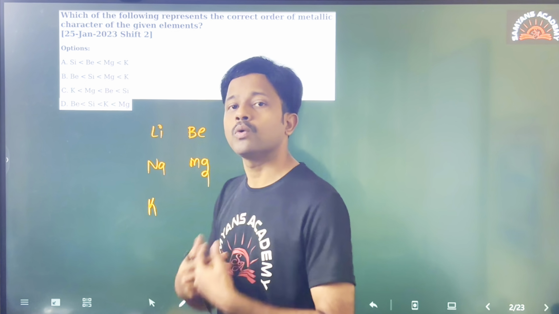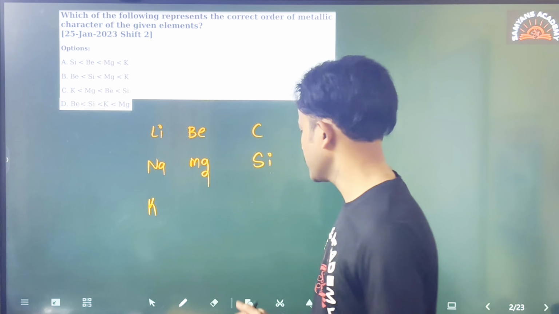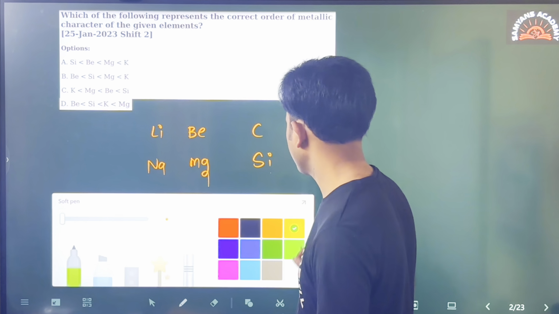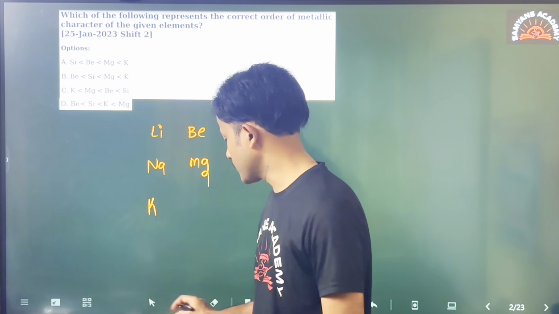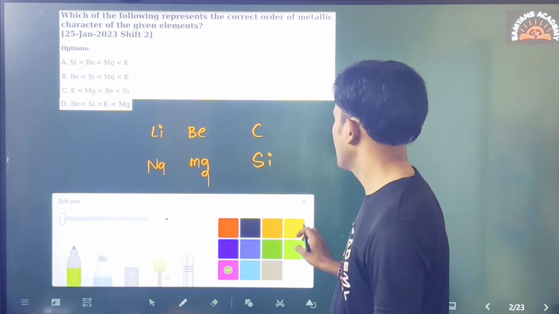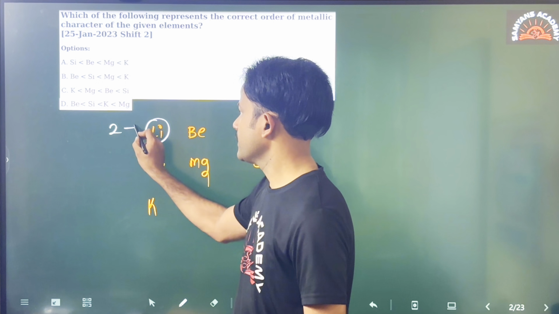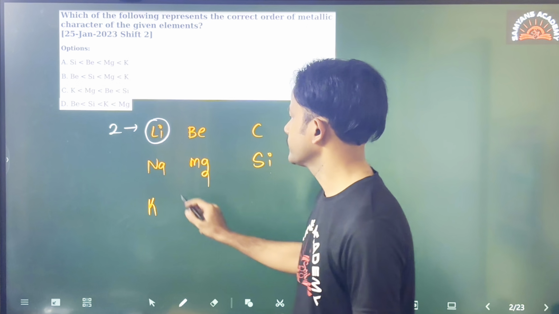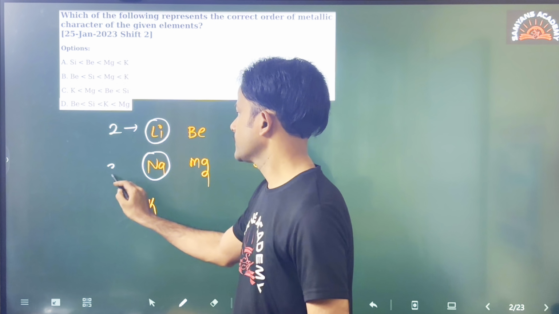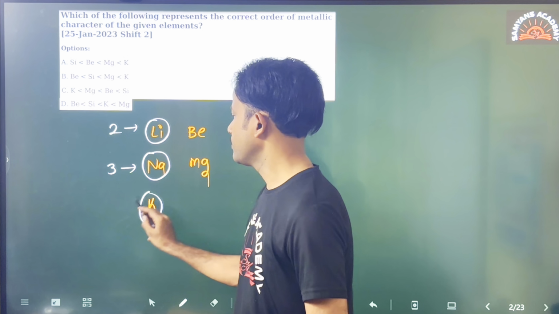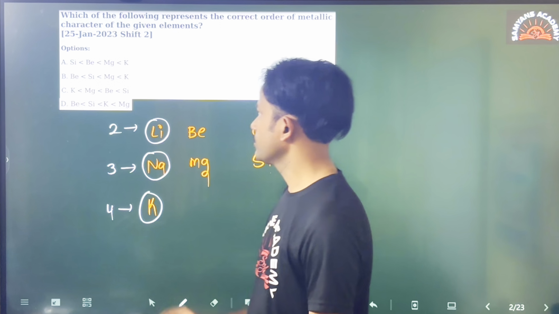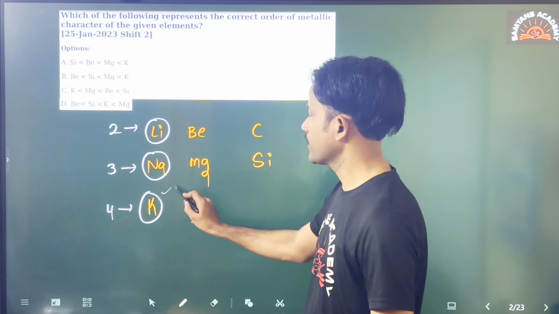Yes, potassium has more size. Then how do you know that potassium has more size? Why? Because this is which period? Second period, meaning it has only two orbits. Then sodium, third period. Potassium belongs to the fourth period. So our element is potassium.